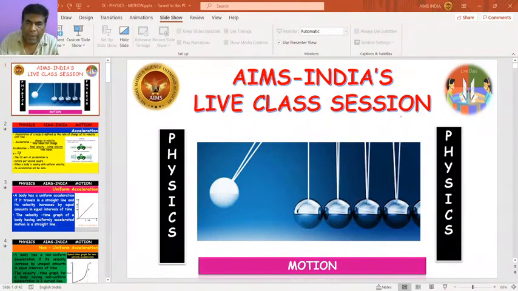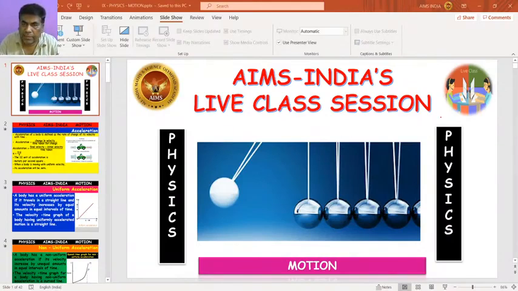So before applying force, the car is in rest position. After applying force, the car will start moving. So before, the velocity is zero, but after some time, what happens?